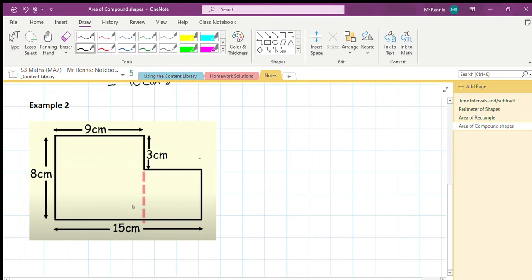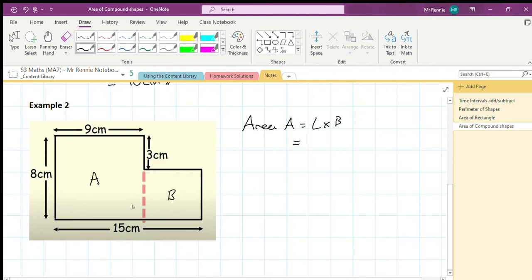The main thing here is we need to be very careful with our sizes for this question. It's not as easy and straightforward as the other question. So let's call this area A and area B. Let's work out the area of part A. The area of part A is going to be length times breadth. I'm just looking at this rectangle part here.